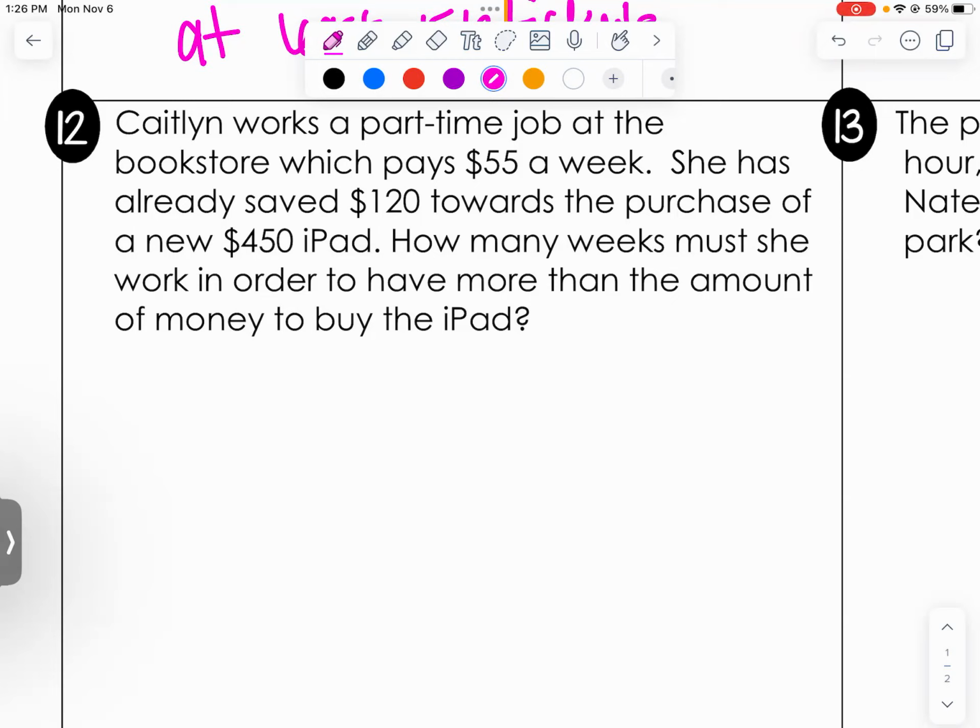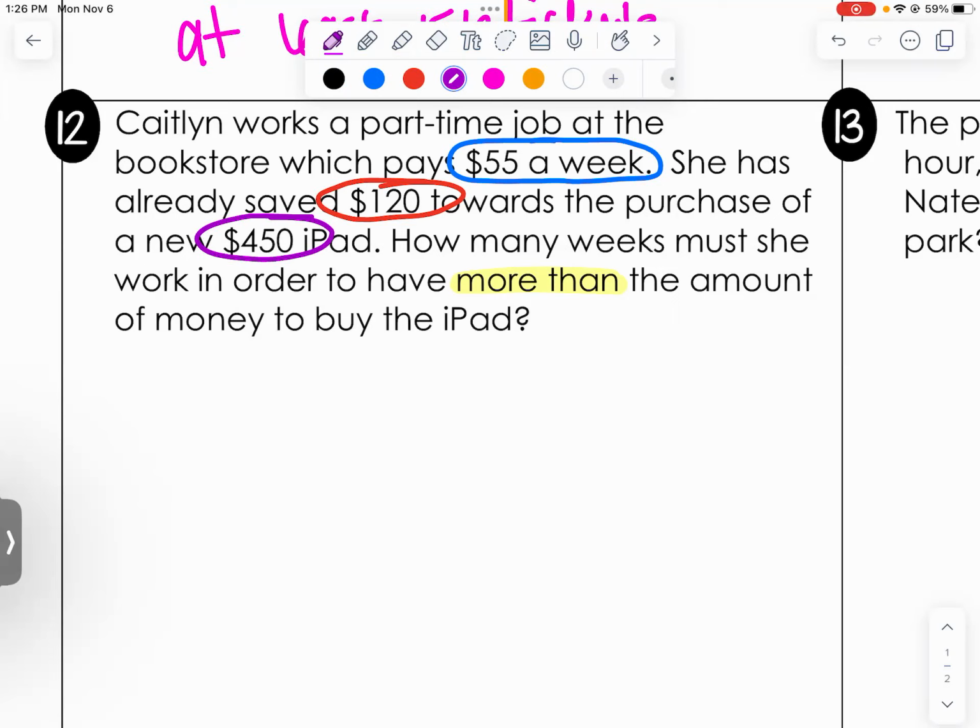Okay. Austin, in this first sentence, Caitlin works a part-time job at the bookstore, which pays $55 a week. Is anything important? $55 a week. She has already saved $120 to purchase an iPad of $450. How many weeks must she work in order to have more than the amount of money? What do you say, more than? Oh, I see. Okay. So first of all, our question is how many weeks? Okay.